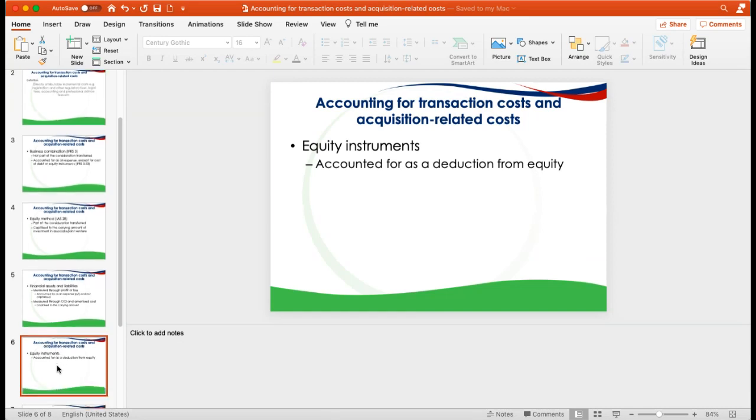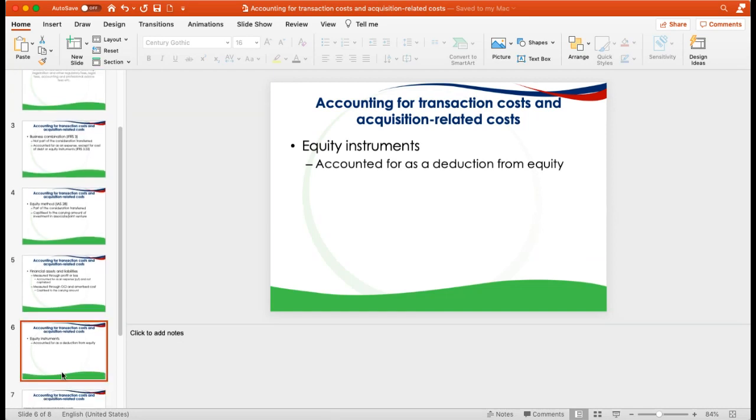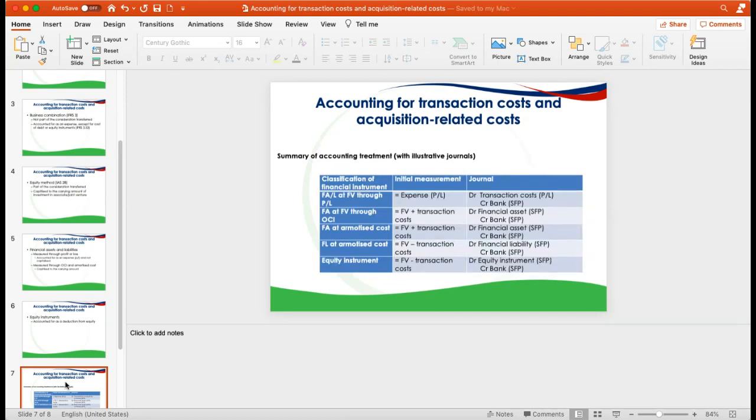Now, let us look at the summary of the above accounting treatment with some illustrative journal entries. For financial assets and liabilities measured at fair value through profit or loss, the journal entries would be to debit the expense item in the profit or loss and then credit the bank, assuming the transaction costs were a cash transaction.